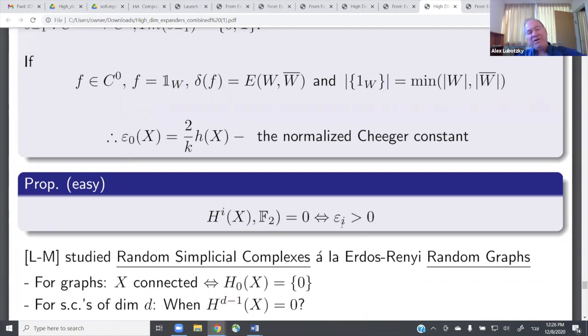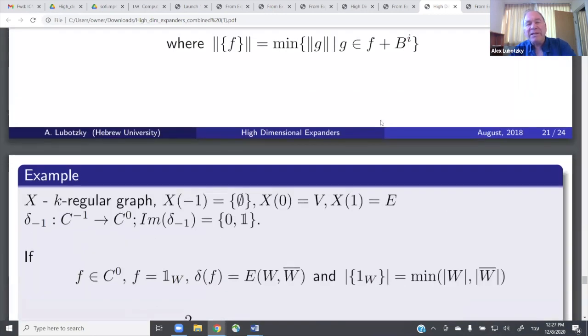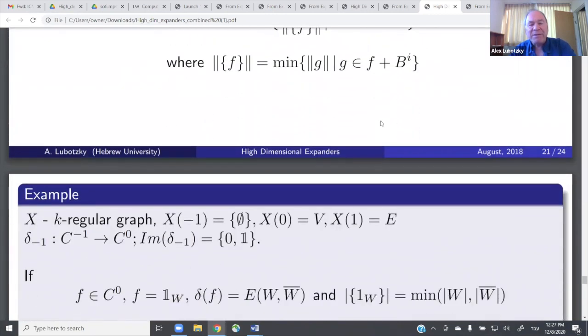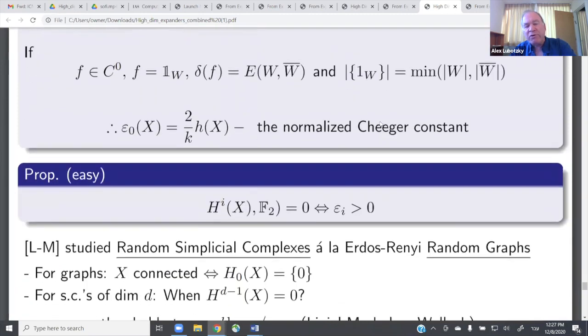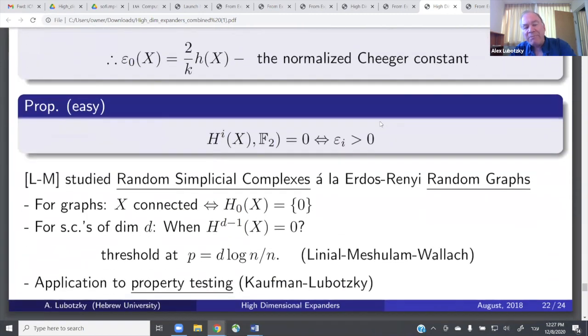Again, that's very, very easy to see. And that was the motivation of Linial and Meshulam. They wanted to prove that H1 is zero, but they wanted something which they can really work with. So they defined this without normalizing and dividing, but basically that's what they looked for in order to compute the probability that the cohomology vanishes.